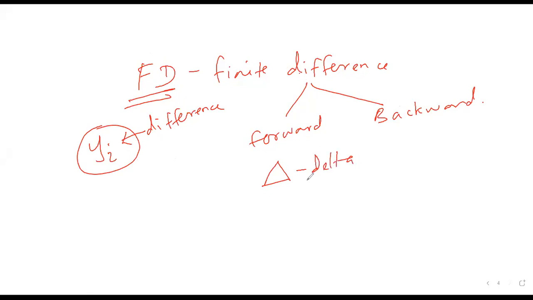Similarly, for backward we use this notation. So you have to be careful. If one edge is up, we call it delta. That is what we use for forward. This one has the edge downward. This is called backward. This notation is called nabla.